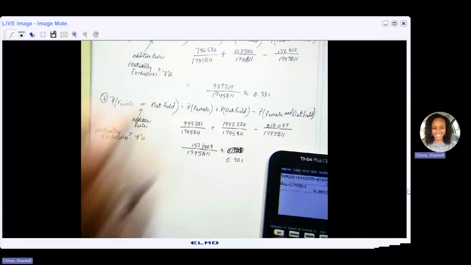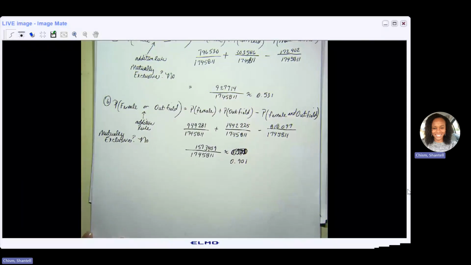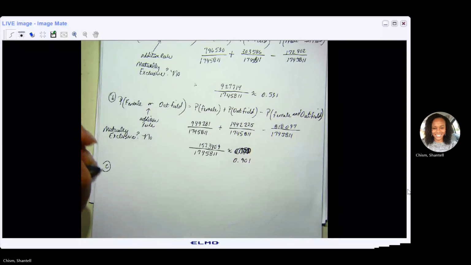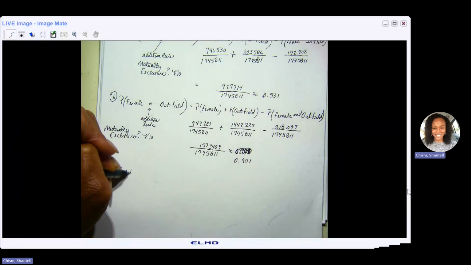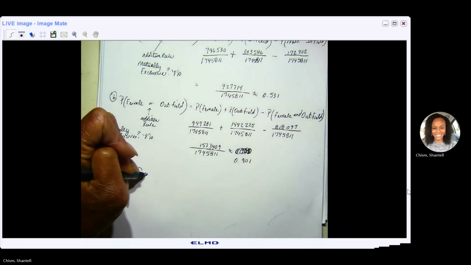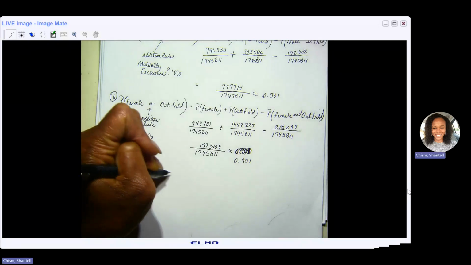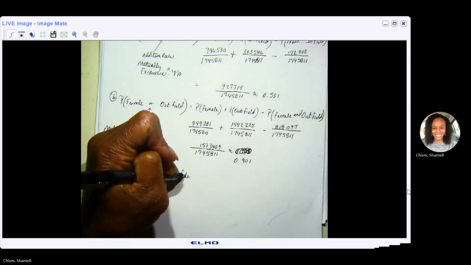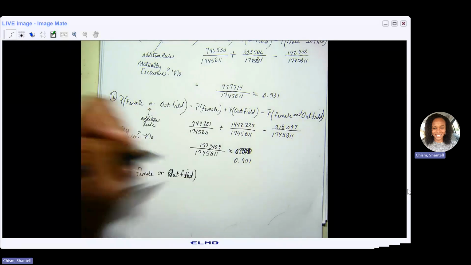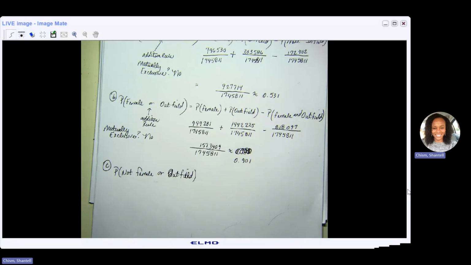Okay. All right. One last part here on part C. It says find the probability that the student is not female or they earned a degree outfield. So in this case, if they're not female, we have to just conclude male.